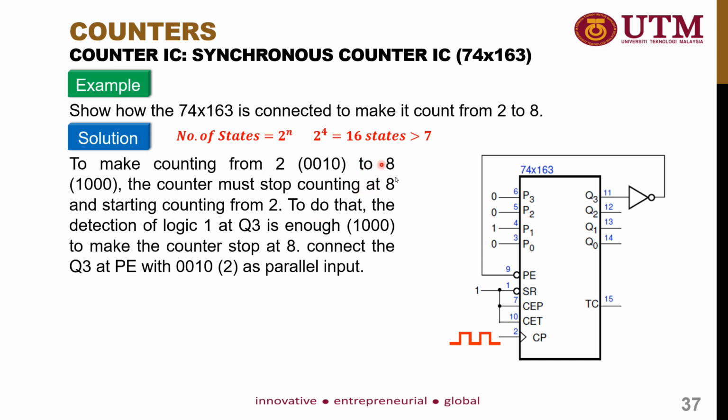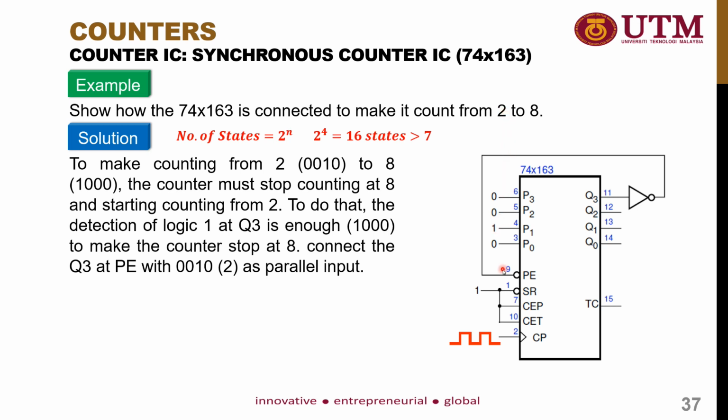So this time, the counter wants you to count from 2 to 8. What you need to do is connect the input to P3, P2, P1 and P0. You need to connect 0010 because P3 is the MSB and P0 is the LSB. So 0010 represents the number 2.